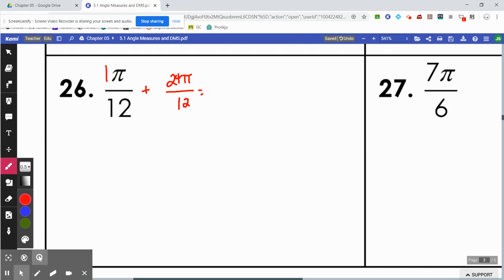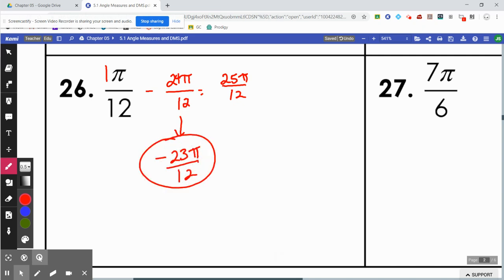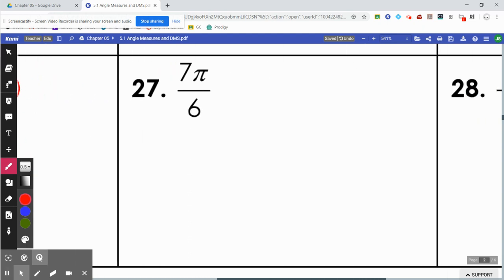1 pi plus 24 pi gives me 25 pi over 12. And then we can subtract a rotation. 1 pi over 12 minus 24 pi over 12 gives me negative 23 pi over 12. So there's our two coterminal angles. Number 27, again, we're adding a rotation, which is 360, which is 2 pi.